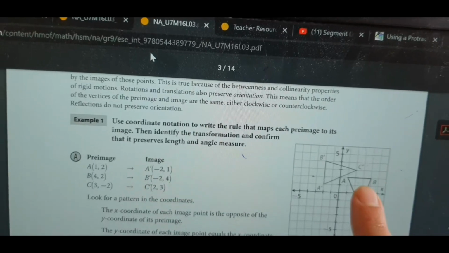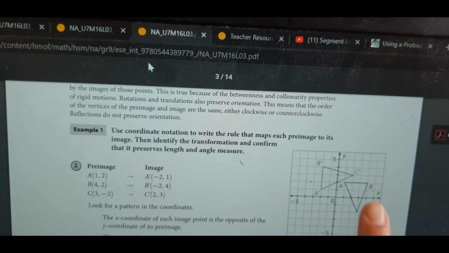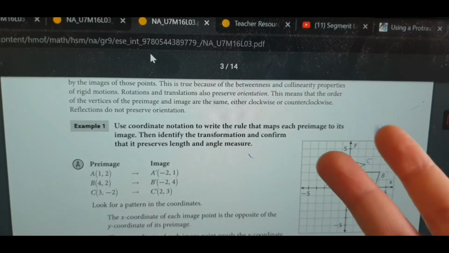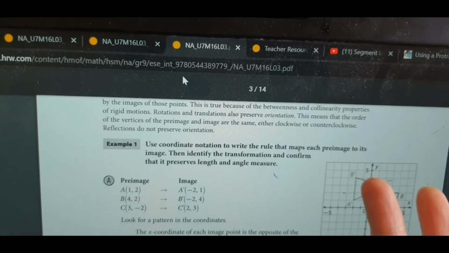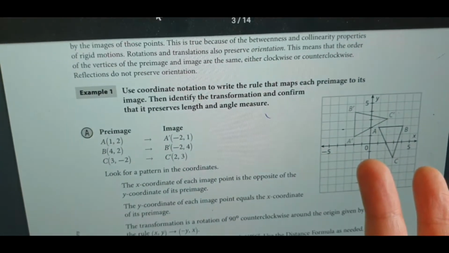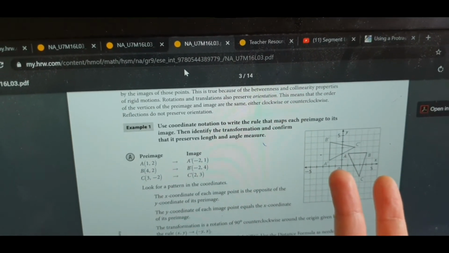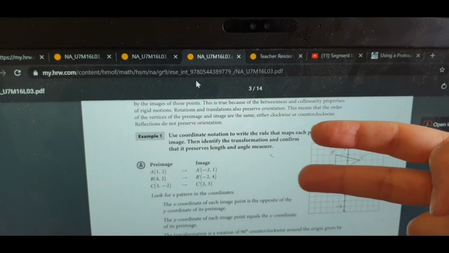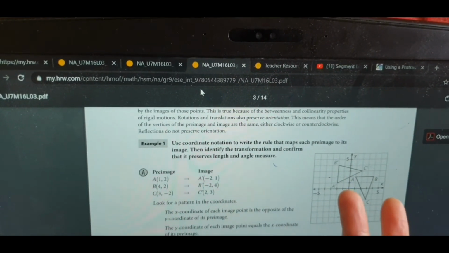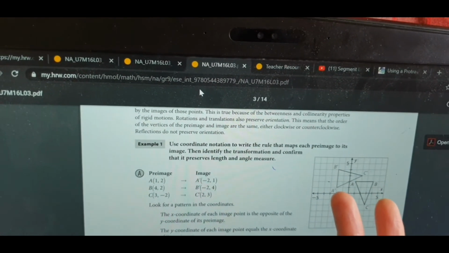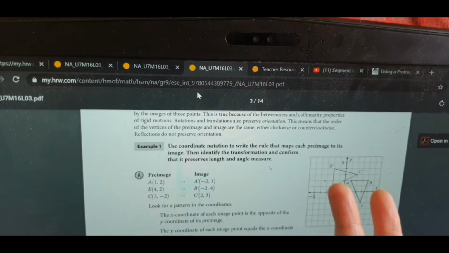I started here. What happened when I started here? My object becomes like this. Try to concentrate with me. This is my object. It came like this again. Is this reflection? Of course not.